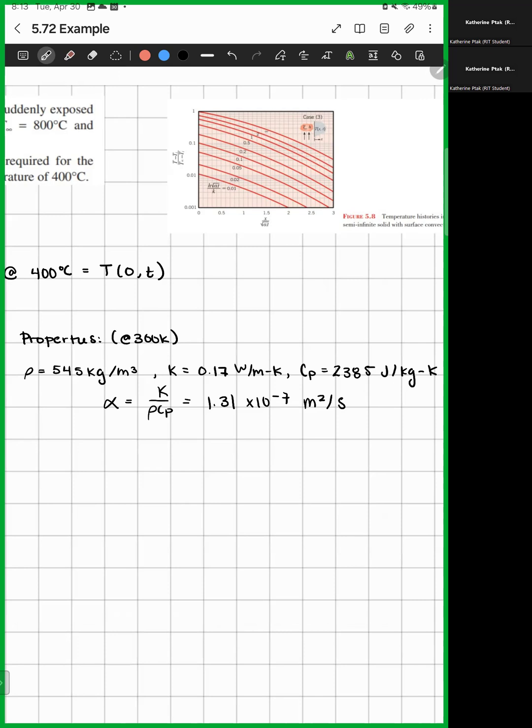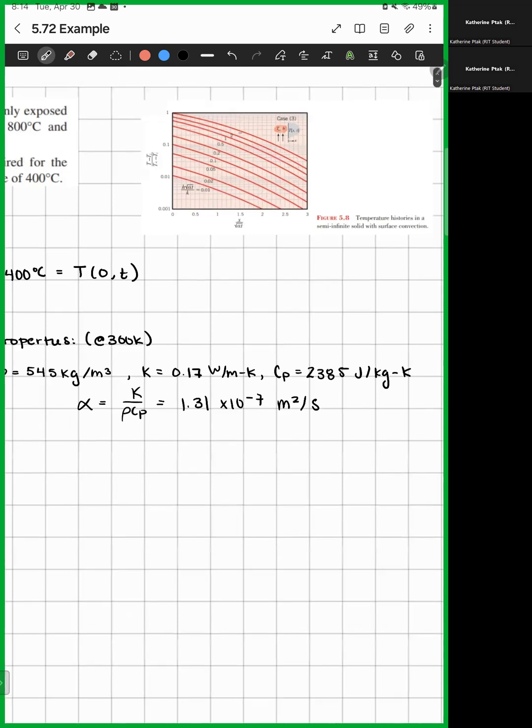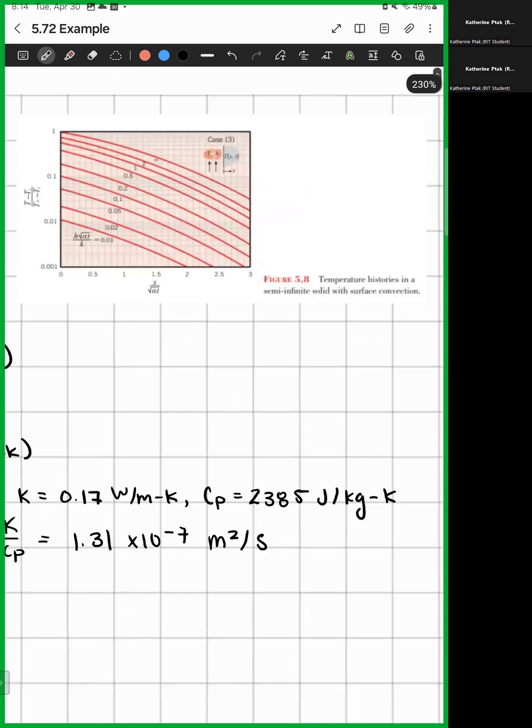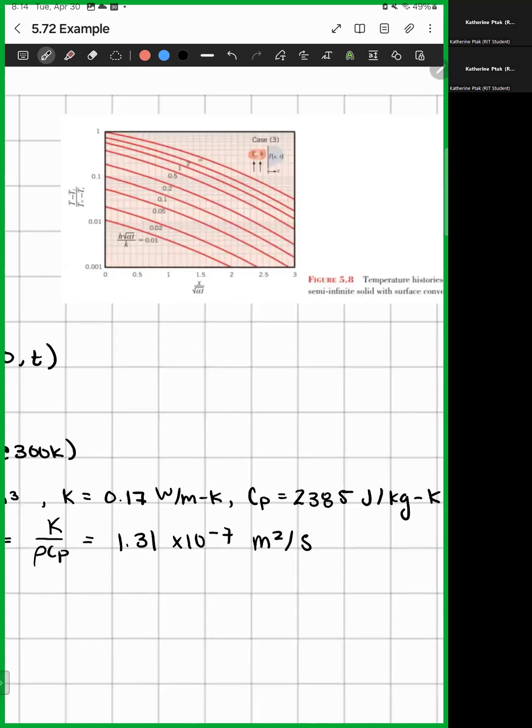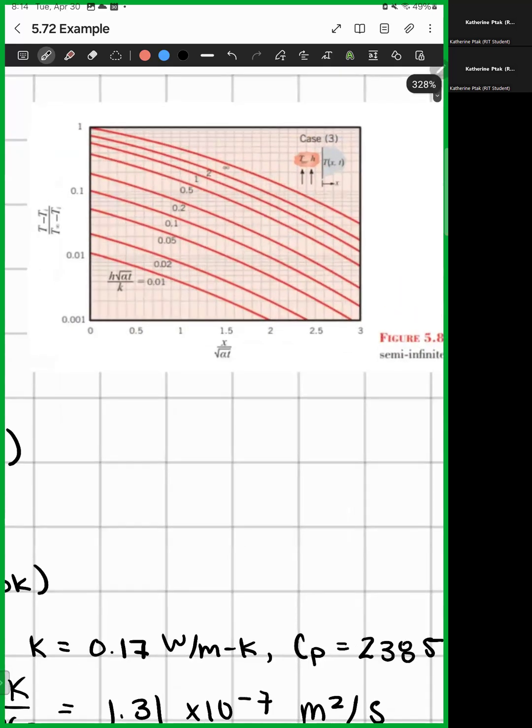So we are assuming that it is a semi-infinite solid with surface convection. In your textbook, if you look, there are multiple cases. This is case 3, and we'll be using this chart right here. Basically, what we need to do is find this temperature delta ratio as well as this.